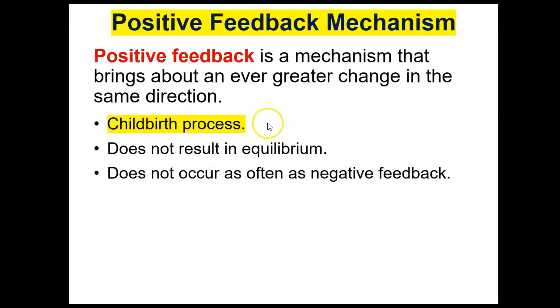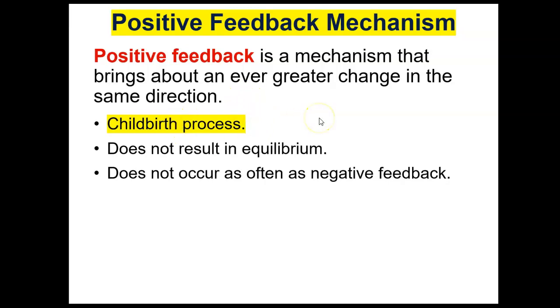Whatever your stimulus is, that stimulus is increased and increased and increased until the process is over. Childbirth is an example. The labor pains start out small, and then chemicals like oxytocin are released, and they contribute to even greater contractions. That leads to more chemicals being released, greater contractions, until the child is born.